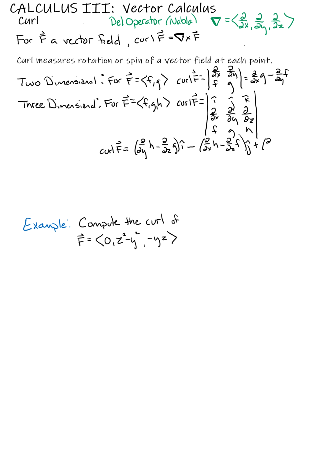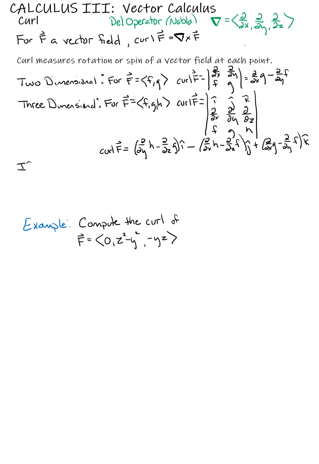The partial with respect to x of g minus the partial with respect to y of f, and that is our k component. Oh my goodness, have to remember how to do cross products. But there we go. That is curl for a three-dimensional vector field.